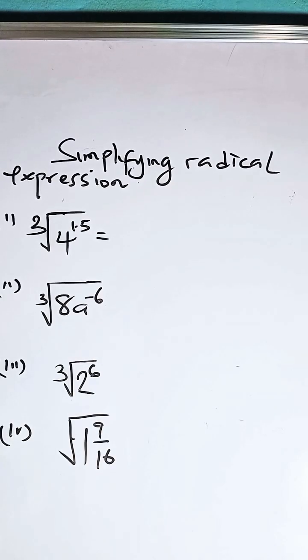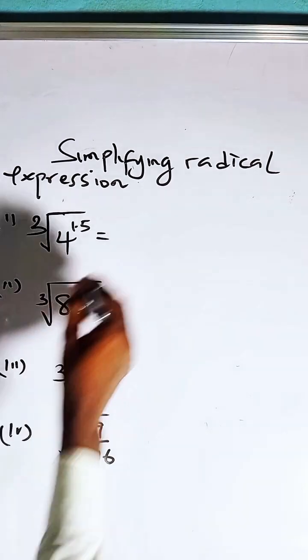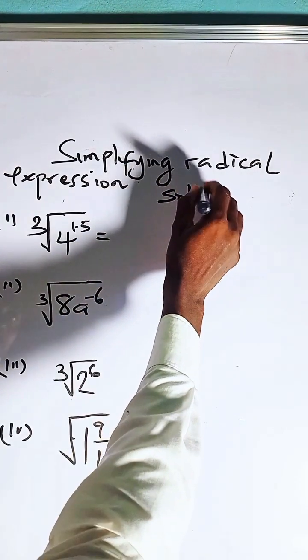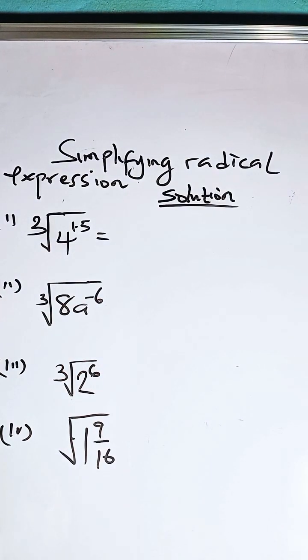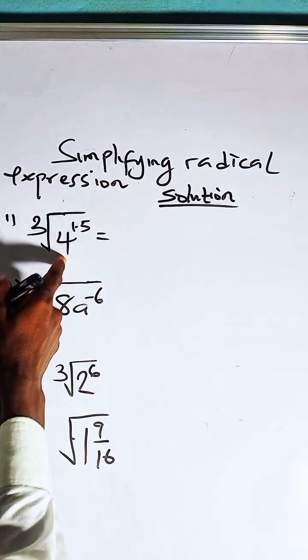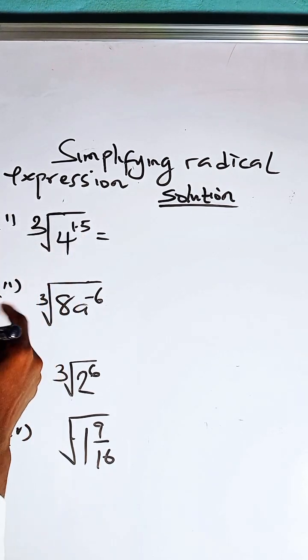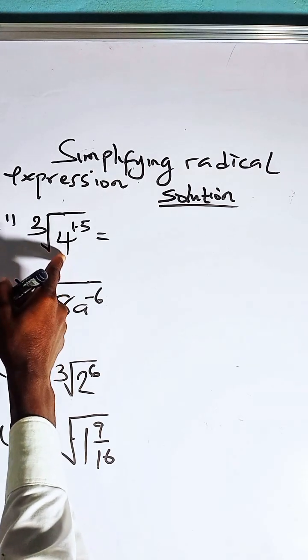The question says simplify this radical expression. So how do we do the solution? Okay, we have four given radical expressions, so we have to simplify them. When you look at the first one, we have the cube root of 4 raised to 1.5. So let us start with what we have within the radical.